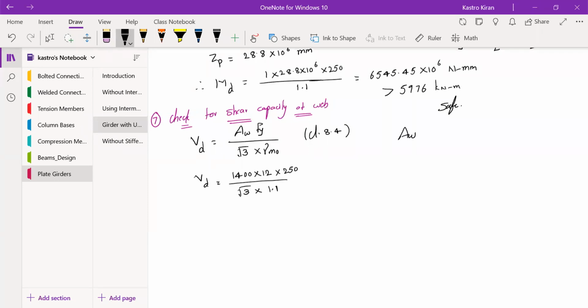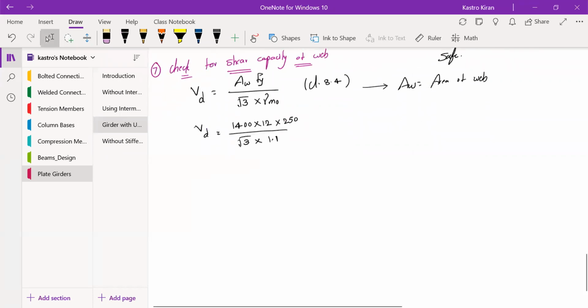So AW equals area of web, and that equals 2204 kilonewtons. You also have to find 0.6 VD. If you remember the first model problem, we also solved for this.